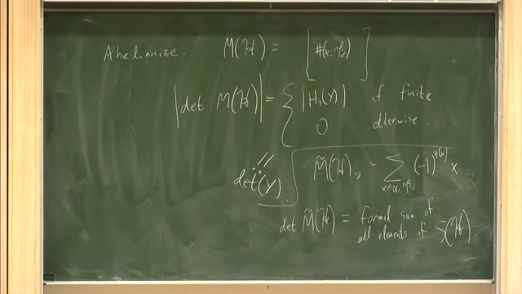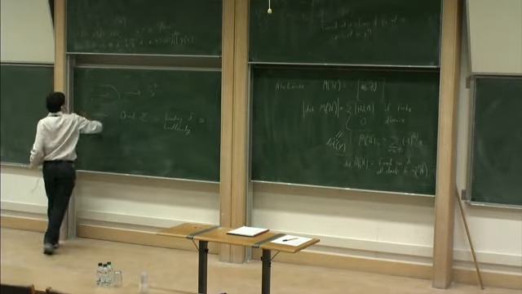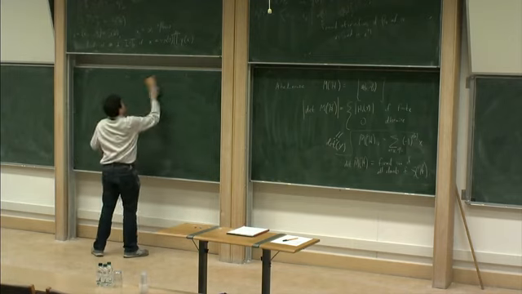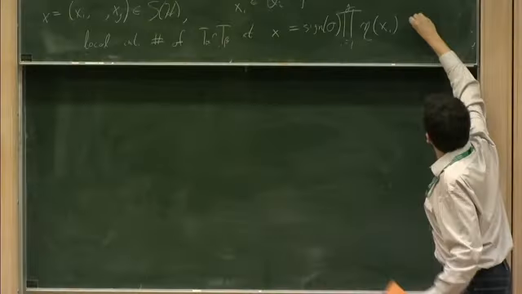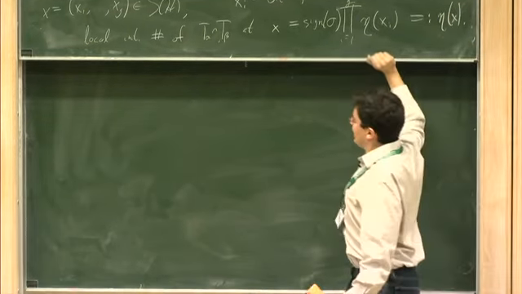Now, you may be wondering, why am I dwelling so much on that? There's a good reason, we'll see. So up to an overall sign, maybe I should call this quantity eta of x.